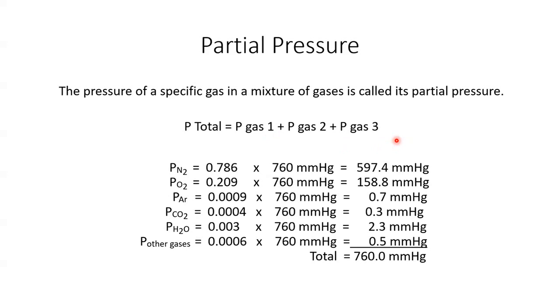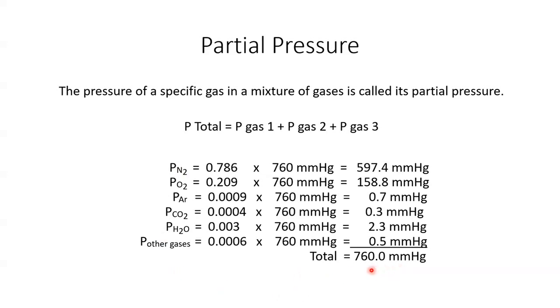Now, if we take atmospheric air as an example, the air in the atmosphere is made up of a mixture of nitrogen, oxygen, argon, carbon dioxide, and water vapour, as well as a small amount of other gases. Atmospheric pressure is the sum of all of these partial pressures.